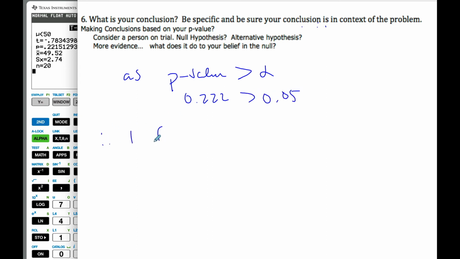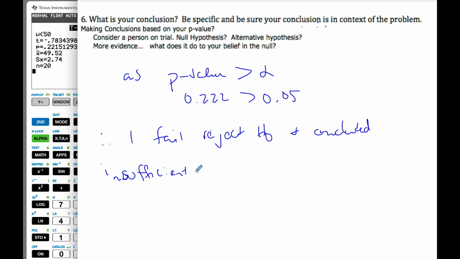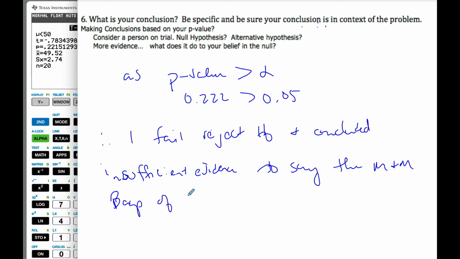Therefore, I fail to reject the null hypothesis and conclude insufficient evidence to say the M&M bags are less than 50 grams on average.